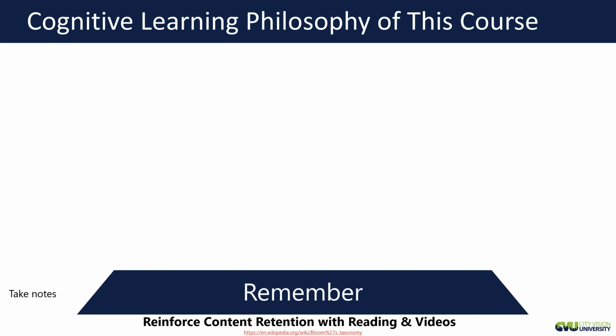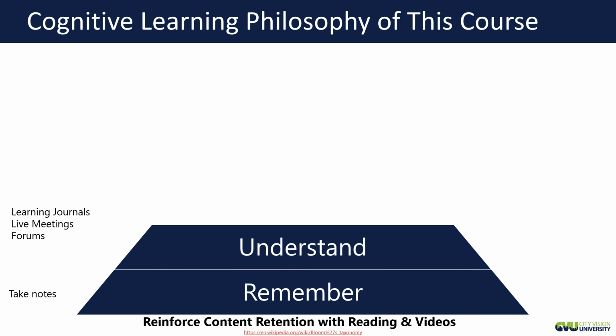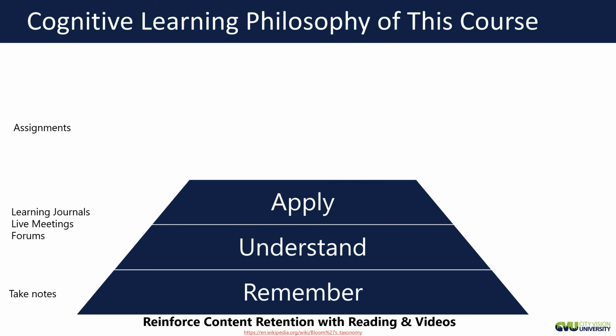So in each of our courses, we try to explain the learning theory. As you go through and read these books and watch the videos, take notes, and you're going to have a learning journal you're going to be doing every week. For the first 4 weeks, it's going to cover the first book, and the second 4 weeks is going to cover the second book. Part of that is just for you to summarize what you learned, but apply it into your context. And you're going to be doing similar reflection in live meetings and forums.